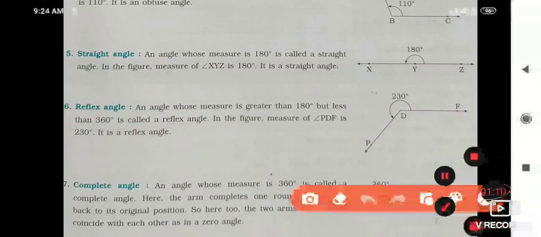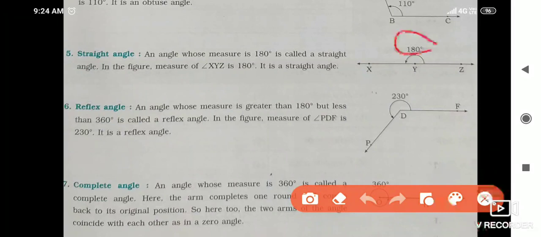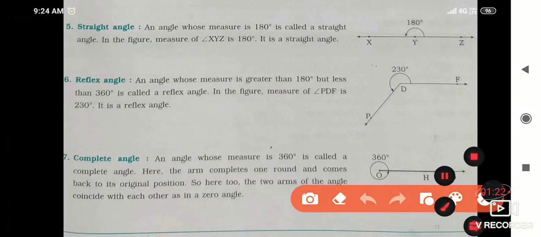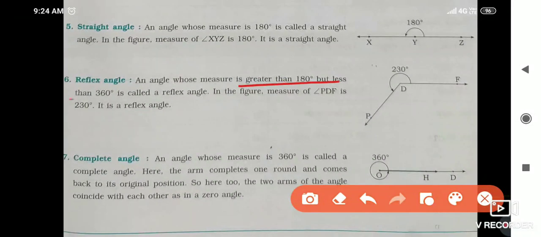Like the right angle, it also has an exact measure, and its exact measure is 180 degree. When one arm of an angle moves forward again, and its measure is more than 180 and less than 360, then the given angle is called a reflex angle.